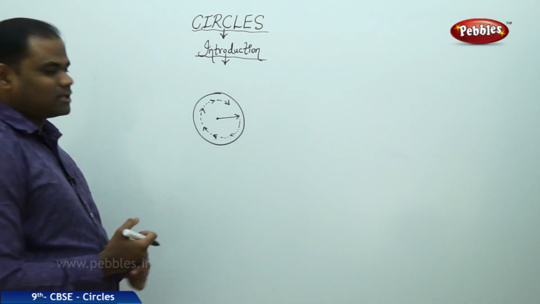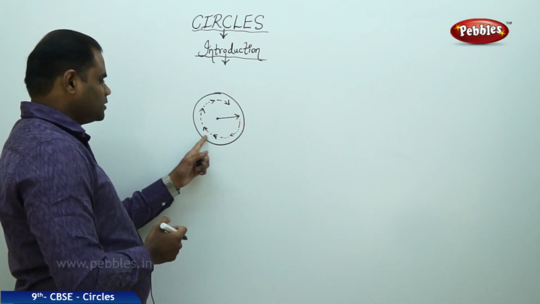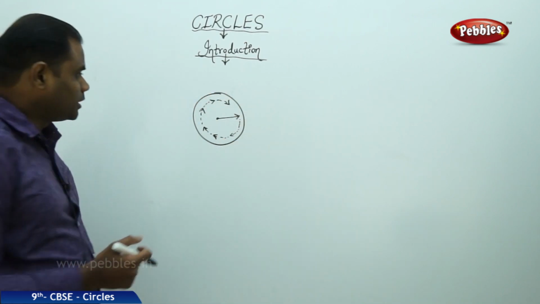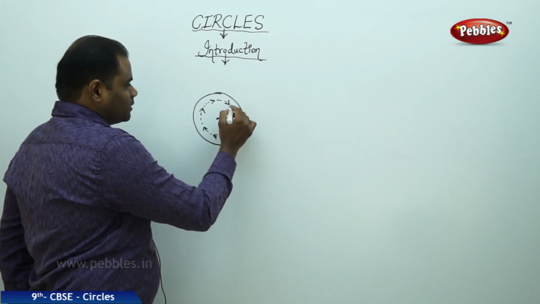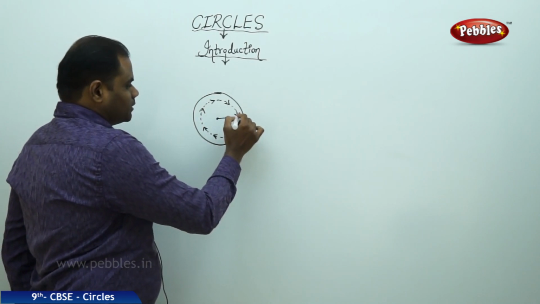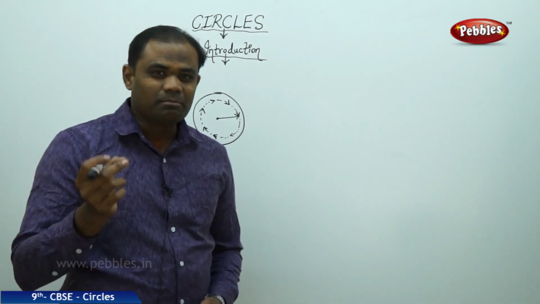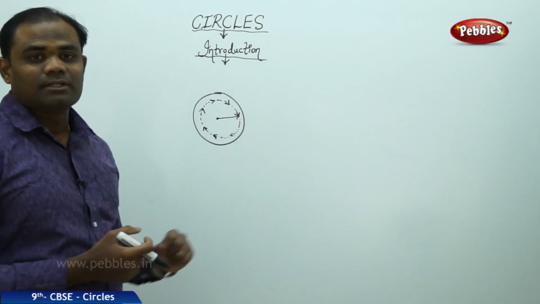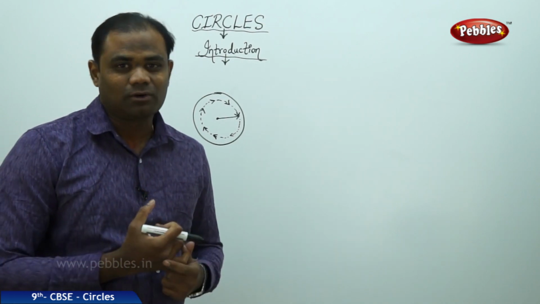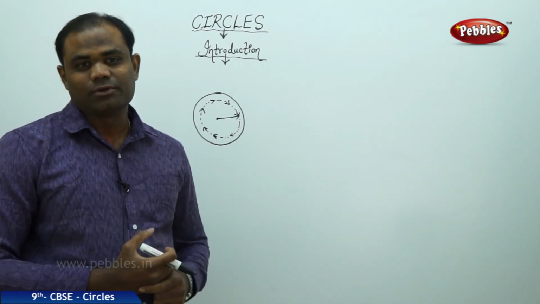So this second's hand, which moves in the clockwise direction in the wall clock, returns back here and makes a circular motion. So the motion made by the tip of the second's hand in the wall clock is called circular motion.